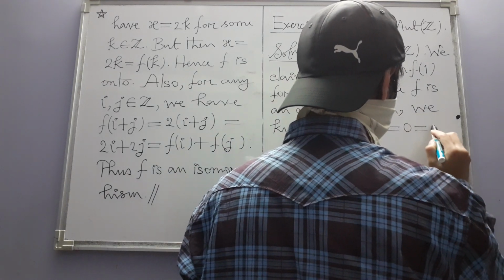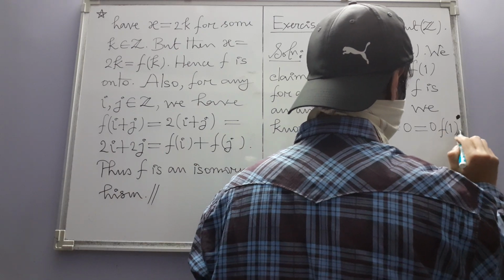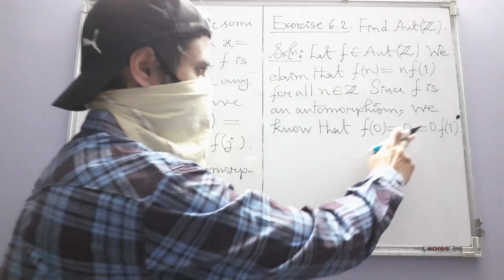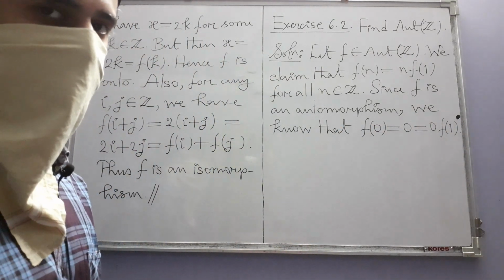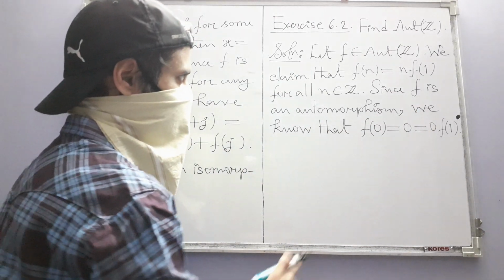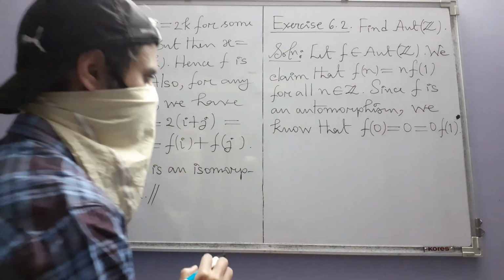But then this is just 0 times f of 1. We don't really know what f of 1 is, but whatever it is, 0 times f of 1 will also be 0. So you can see that this claim is true for n equal to 0.